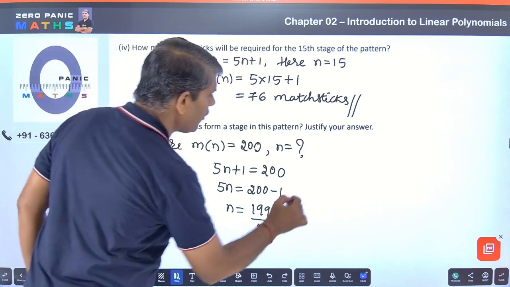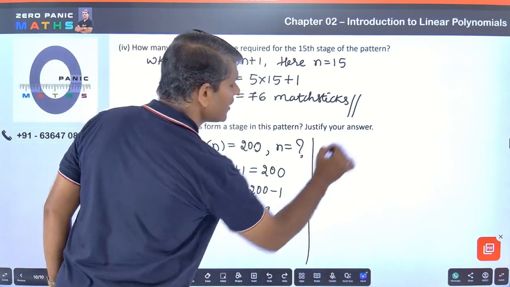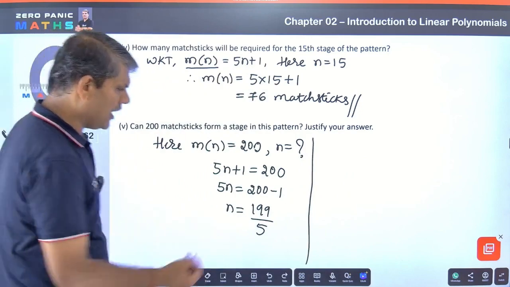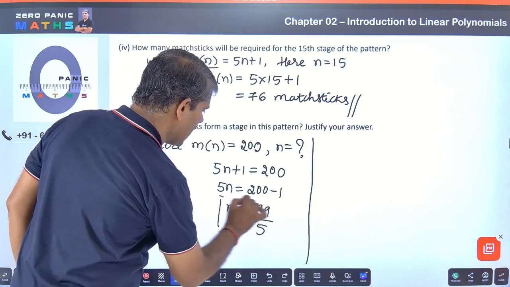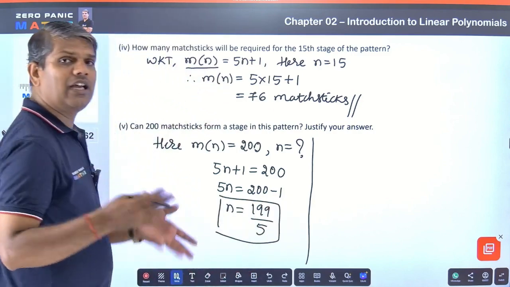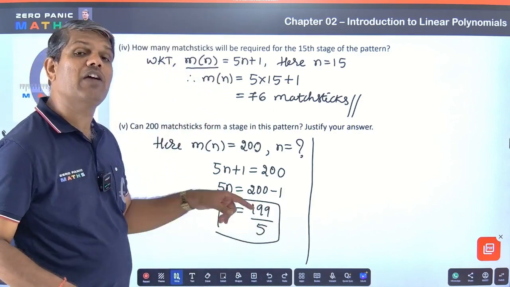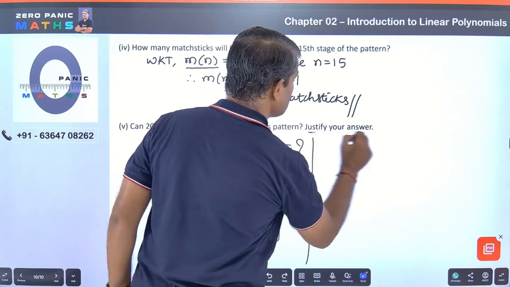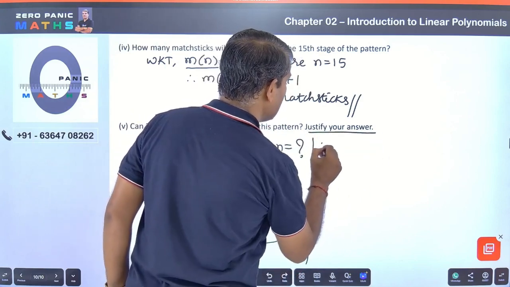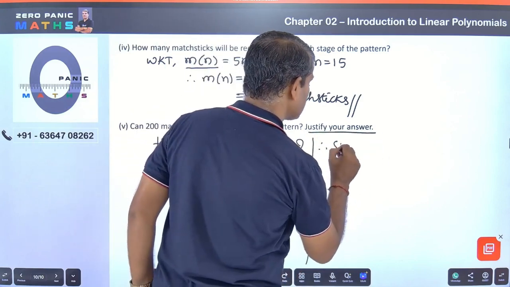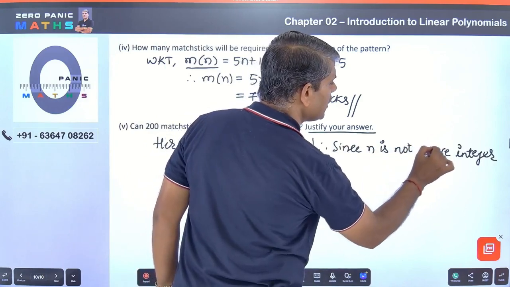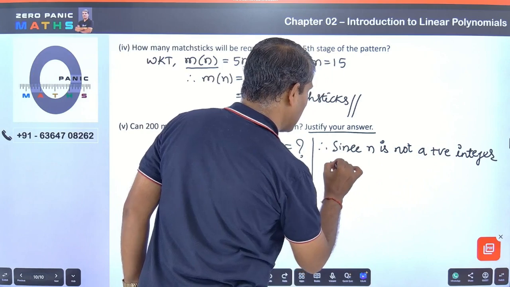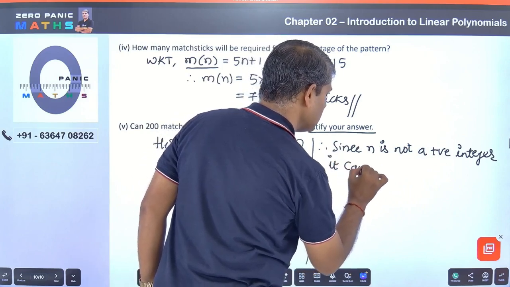So I have to justify my answer, right? Whatever the value of n, you are not going to get a positive integer. It is going to be a fraction. So to justify my answer I can say, therefore since n is not a positive integer, it can't represent a stage in this pattern.